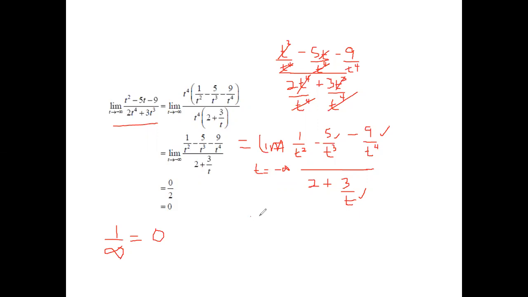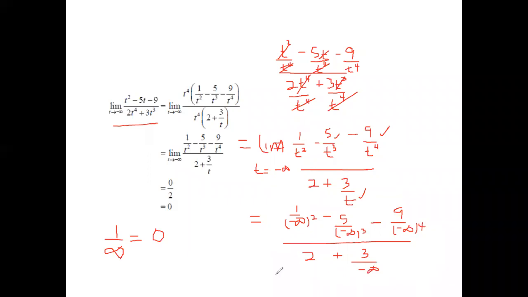Okay, and when we put it in there, this will be negative infinity squared minus 5 over minus infinity cube minus 9 over minus infinity raised to the power 4, all over 2 plus 3 over minus infinity.